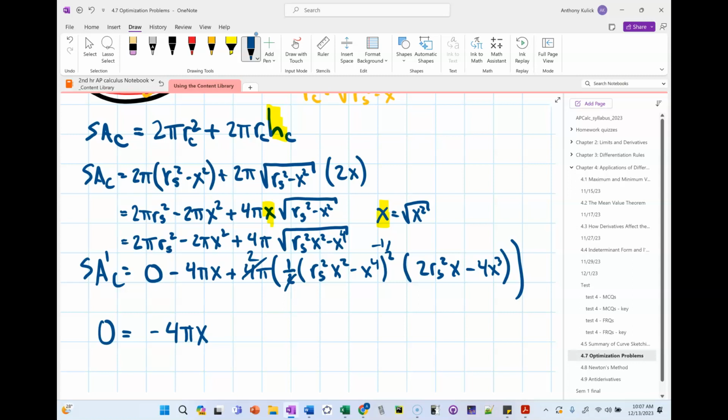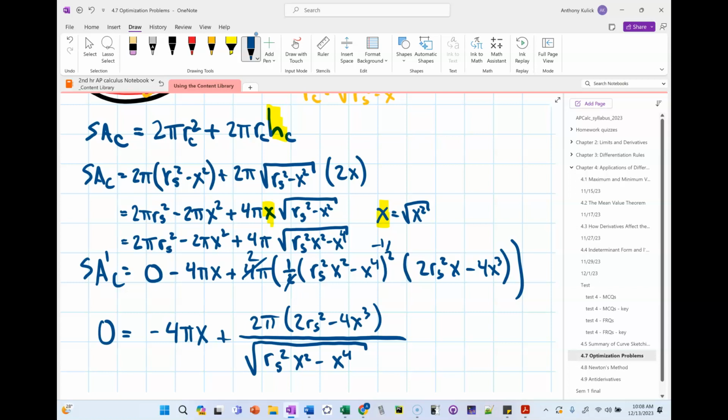So we have plus 2 pi times 2rs squared minus 4x cubed, over the square root of rs squared x squared minus x to the fourth. And that is going to be dreadful, solving this.